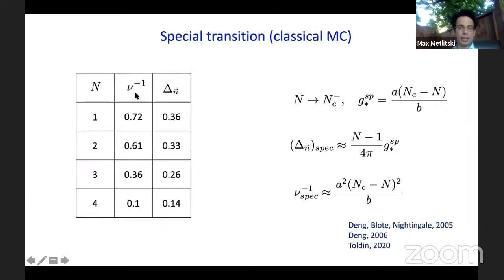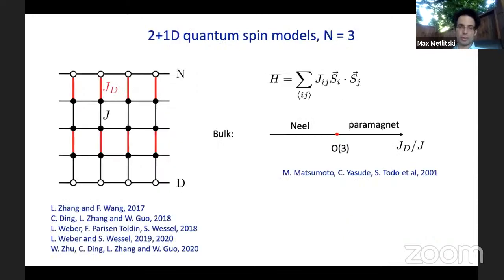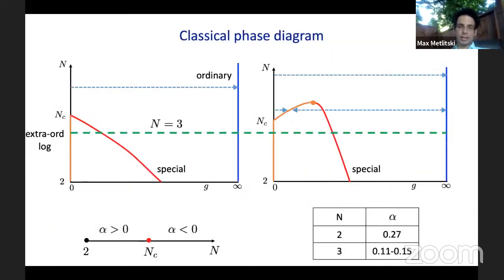Here is the data on these two exponents at the special transition as a function of n, and indeed it looks like they're becoming small as n increases. I don't know whether we should really trust this data for n equal to 4, but your call. But at least if I had to make a choice, I would put my money on this simpler scenario here.